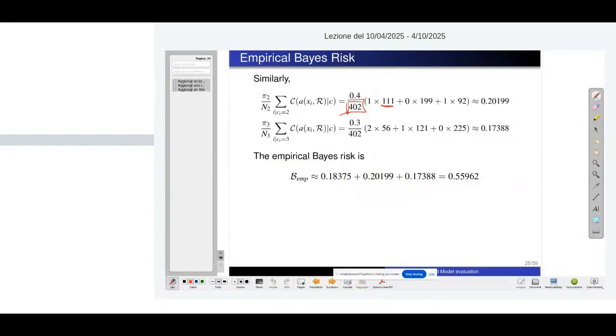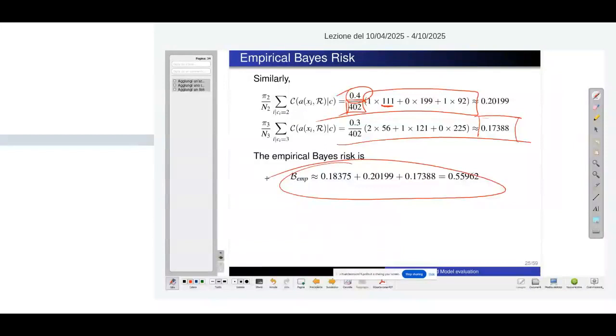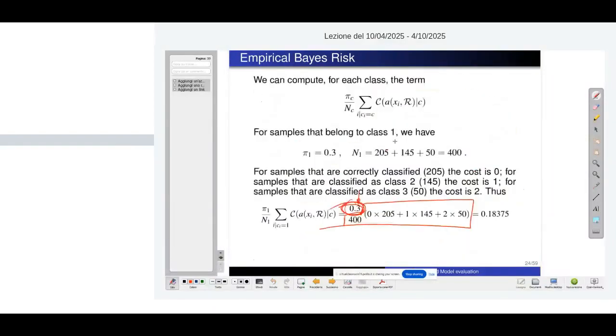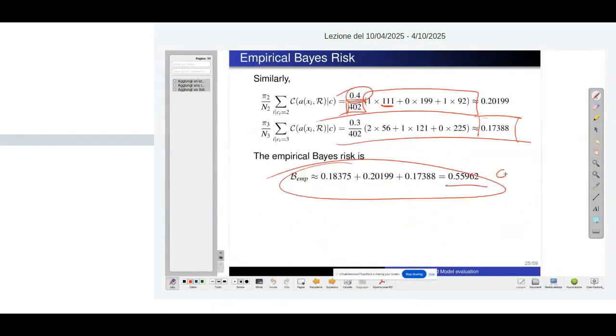So overall, this is the per class cost, and then I multiply by the prior. I repeat it for the last class, and these are the 3 costs of each class. The empirical Bayes risk is the sum of the contributions of the 3 classes, so it's 0.559. So for example, if these were euros, 1 euro, 2 euro, and so on, this would be the average cost for each sample, 0.559 euros.